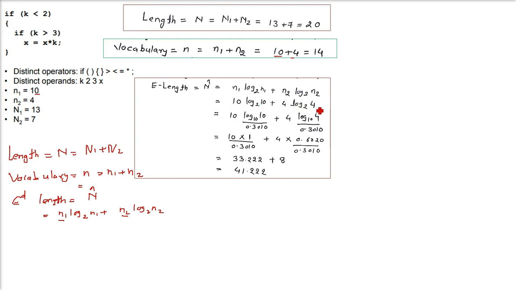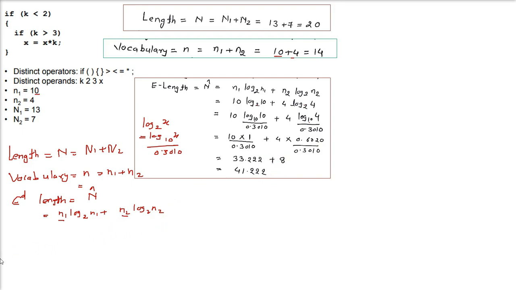So we have to convert this log base 2 to log base 10, because most scientific calculators can't calculate log base 2. For that, change the base to 10 and divide by 0.3010. Log 10 is 1 and log base 10 of 4 is 0.6020. Computed, it will be 41.222.